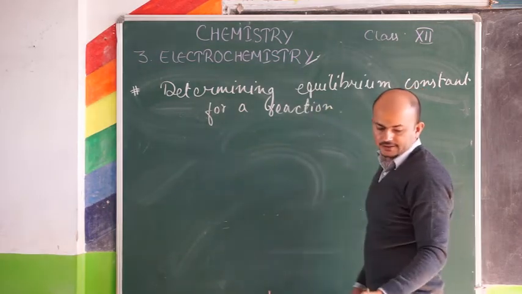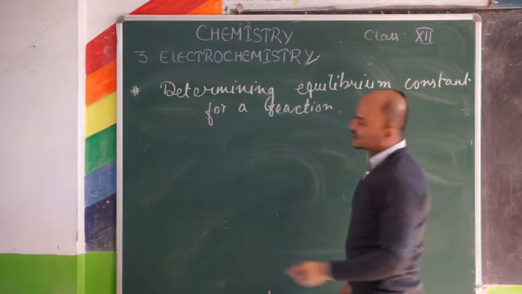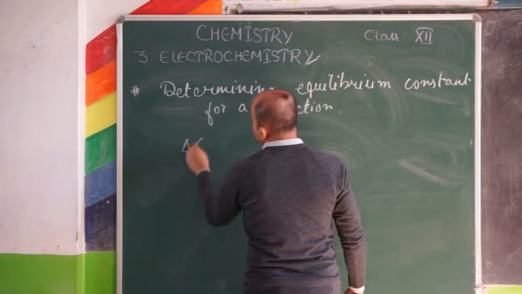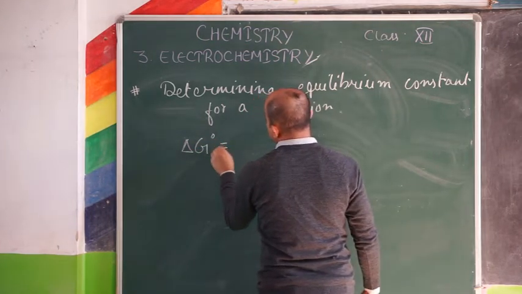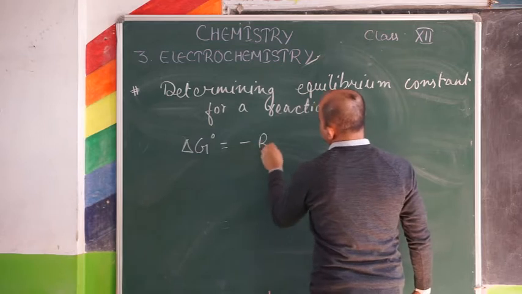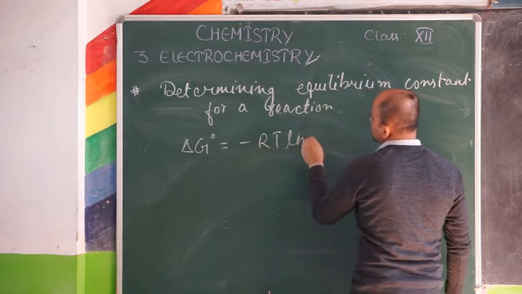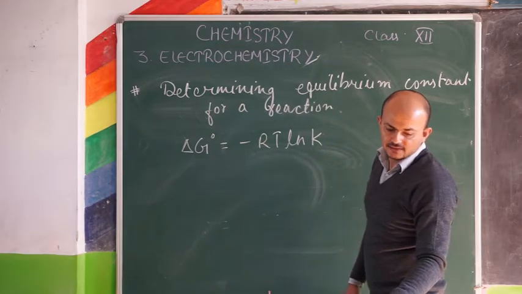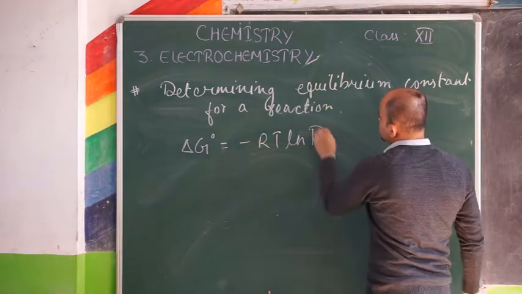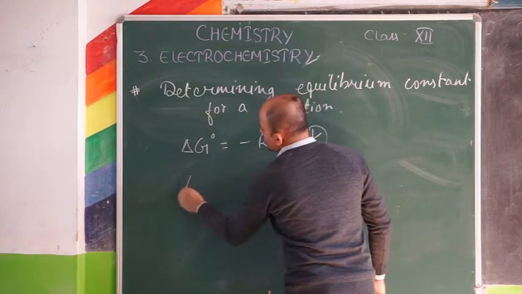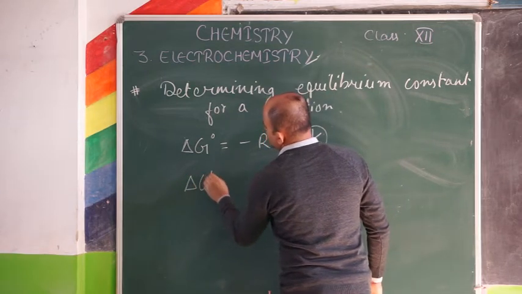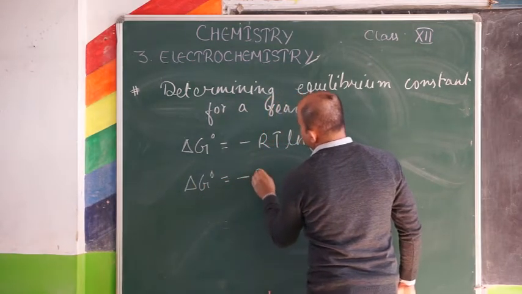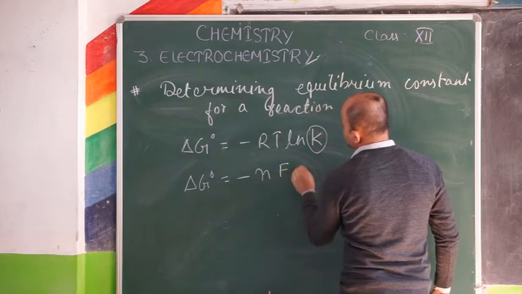So here, you know, delta G, the free energy, is equal to minus RT ln K, where K is the equilibrium constant, and you also know delta G naught equals minus nFE.